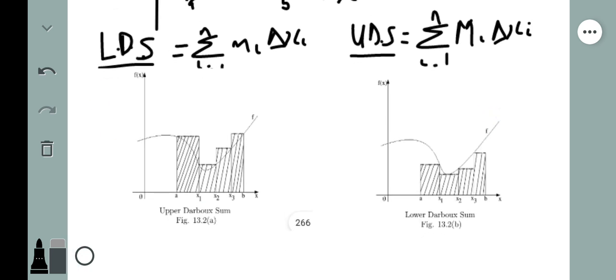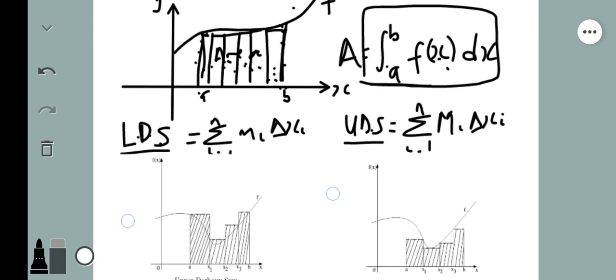Look at it here: the upper Darboux sum is the sum of all the rectangles that cover the whole area I'm looking for, the sum of rectangles in that segment of area you are trying to find. Look at it here.